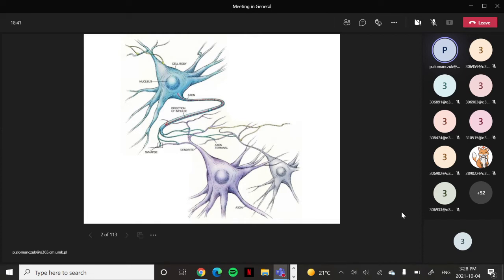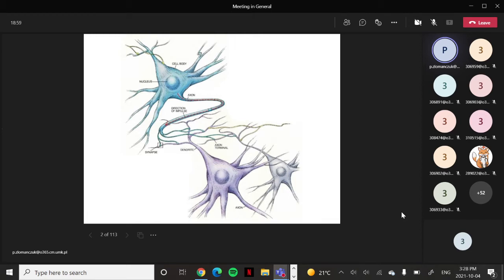So when we look at those morphological features of the neuron, we may associate them with the function. We know now that dendrites are responsible for collecting the information.